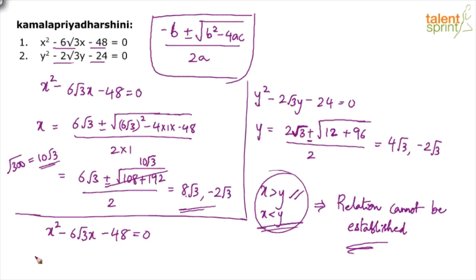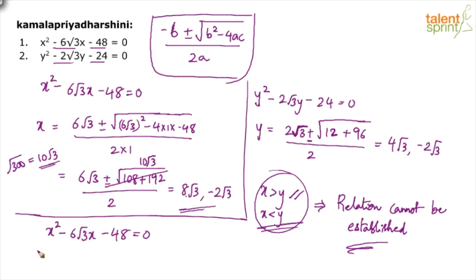So try and use that here. See what happens. Try to take this 6 root 3 as 2 into 3 root 3.